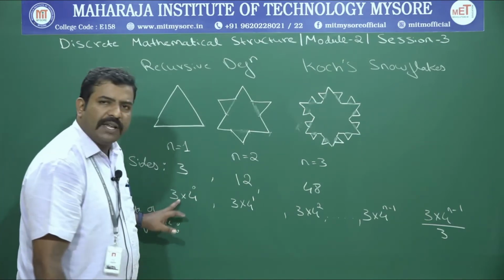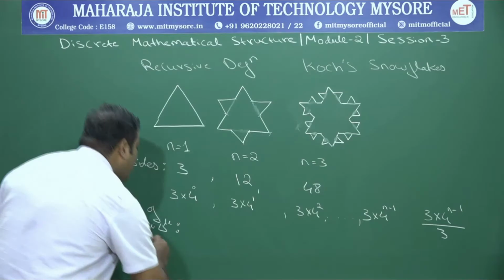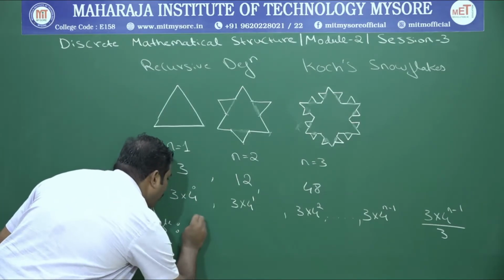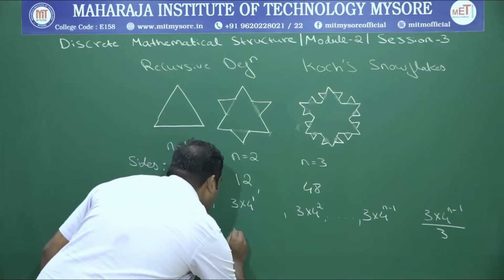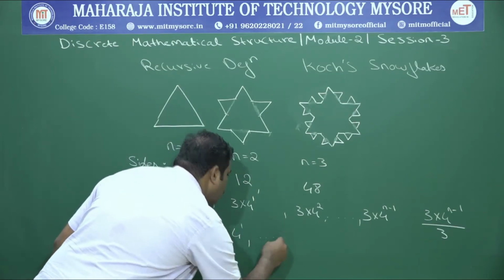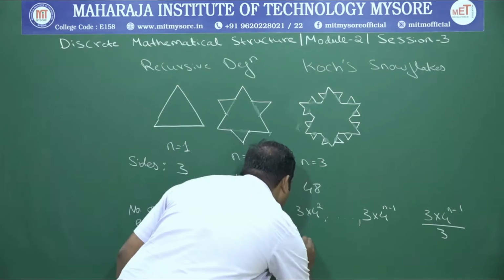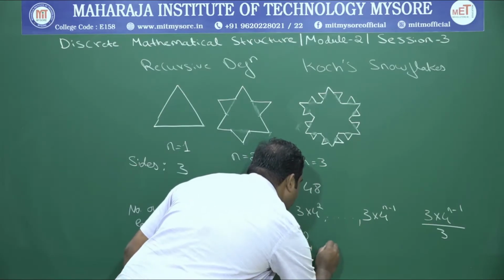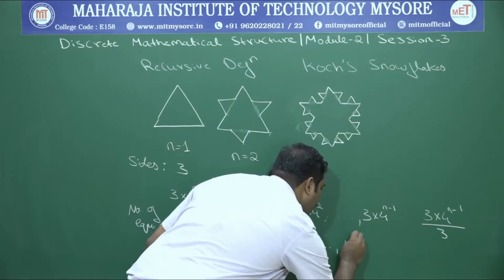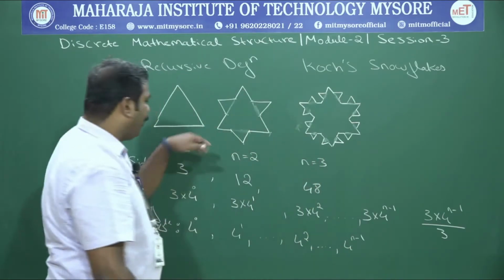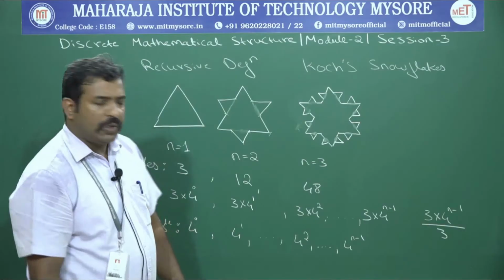If I divide this by 3, I am going to end with 4 to the power of 0, then 4 to the power of 1, and so on. I am going to have 4 to the power of 2. So in general, as I already mentioned, this is going to be 4 to the power of n minus 1. This is the number of equilateral triangles I am going to have.